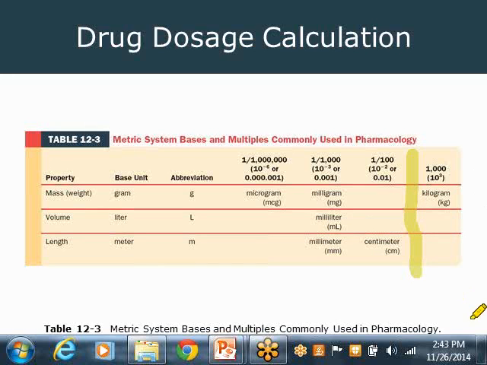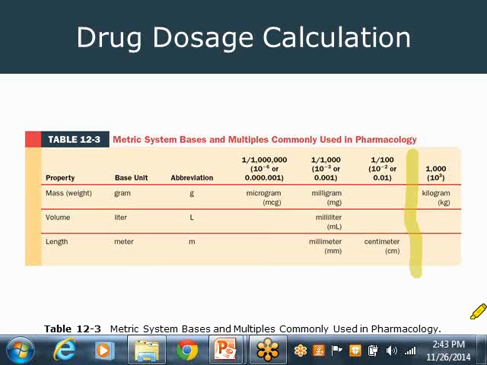So in the case of kilogram there, right to the left now in the yellow highlighted bar, that is where gram would fall, or liter or meter, depending on what you're using. Understanding that you go 1,000 upwards from the base unit to hit kilo, and 1,000 downward to go to milli, and another 1,000 downward from milli to micro, or a total of 1,000,000 downward from base unit to micro.